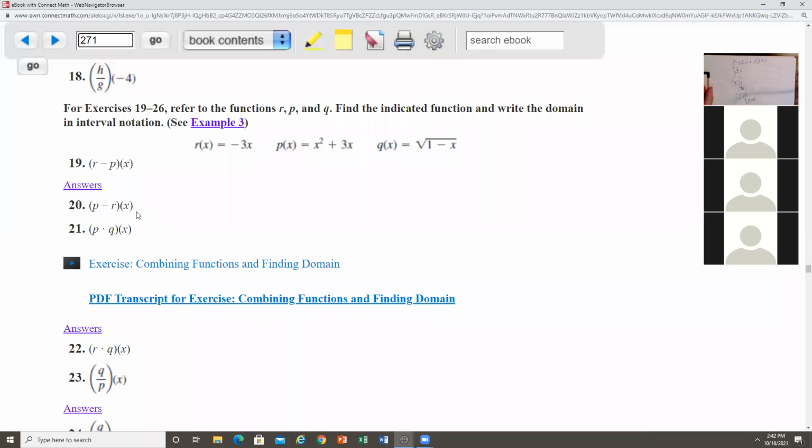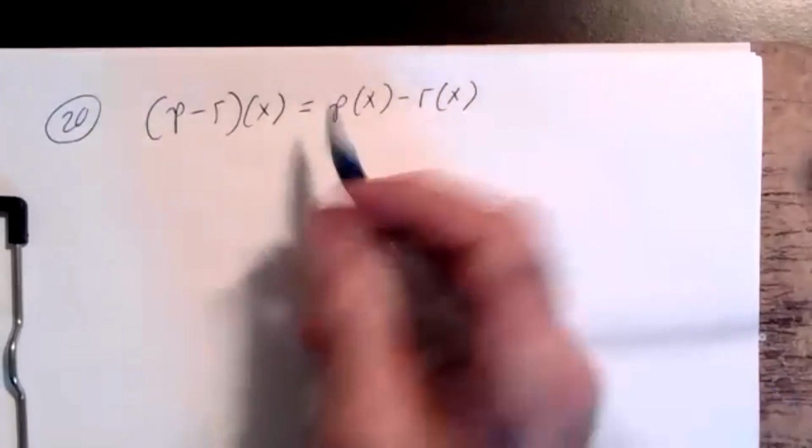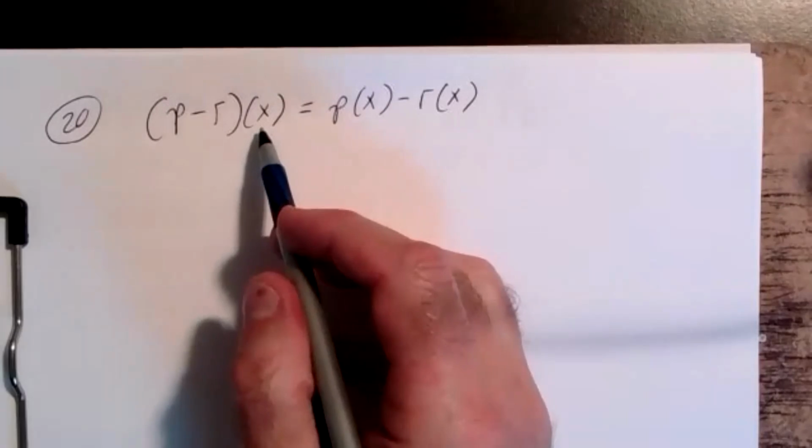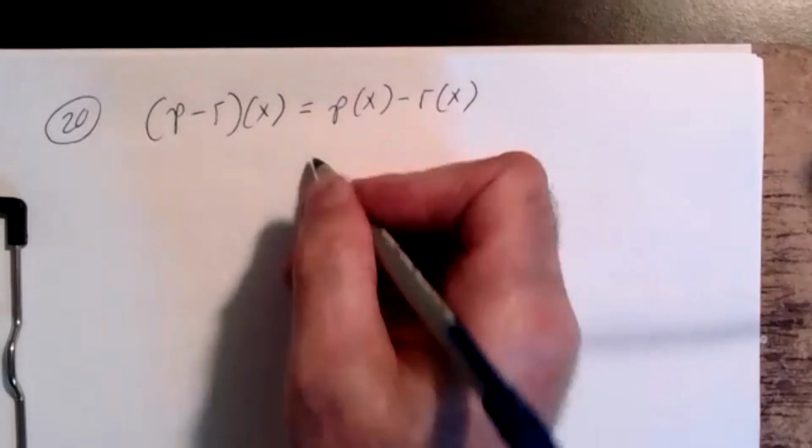So how are we going to do that? P minus R of X. Well, according to the definition that I laid down for the difference function, P minus R of X is going to be P of X minus R of X. So to form this difference function, we're taking the outputs of the individual functions and subtracting them from each other.